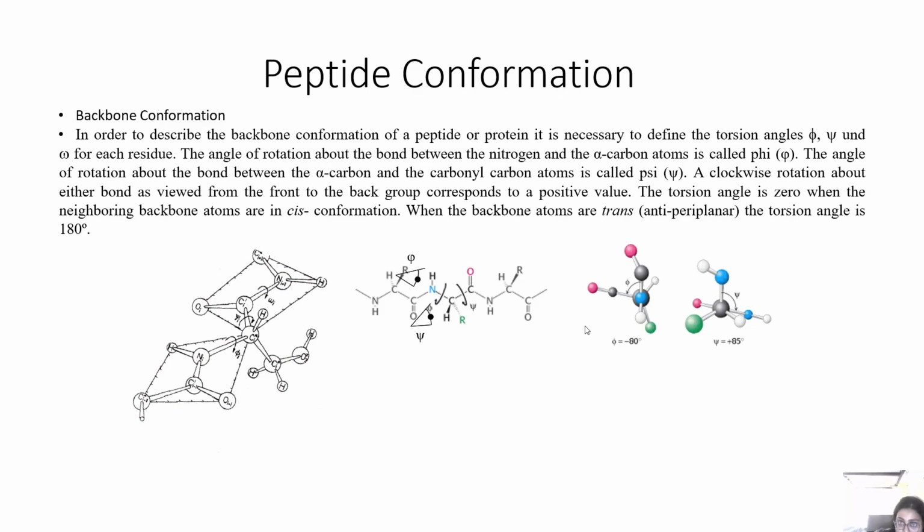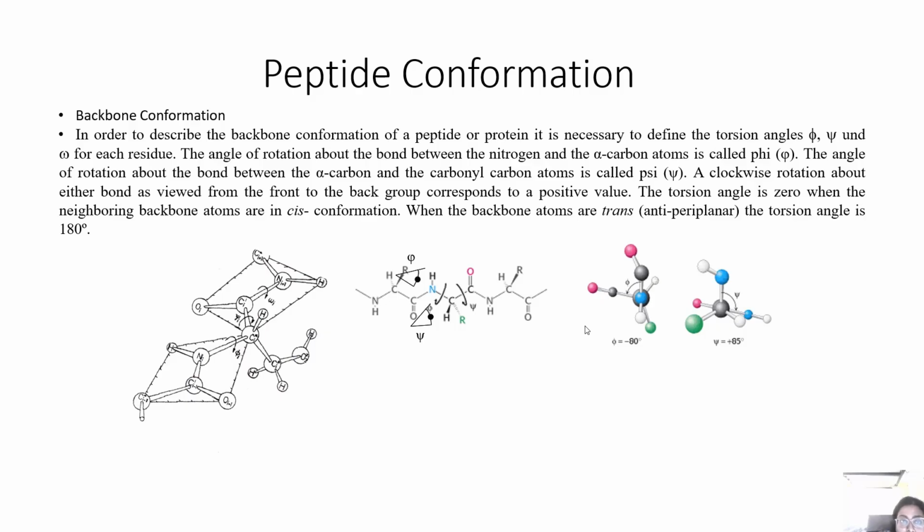Now, if we talk about peptide backbone conformation, in order to describe the backbone conformation of a peptide or protein, it is necessary to define the torsion angles phi, psi, and omega for each residue. The angle of rotation about the bond between the nitrogen and the alpha carbon atoms is called phi, and the angle of rotation about the bond between the alpha carbon and the carbonyl carbon atoms is called psi.